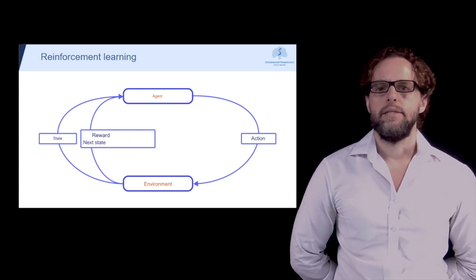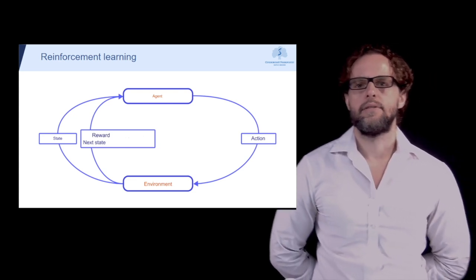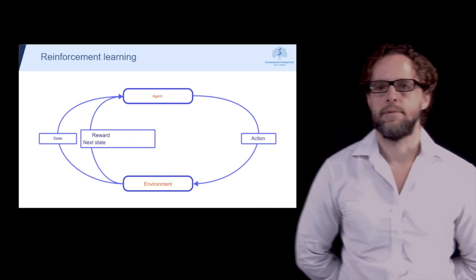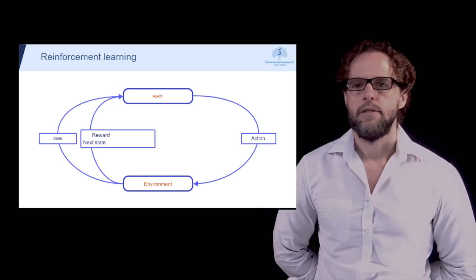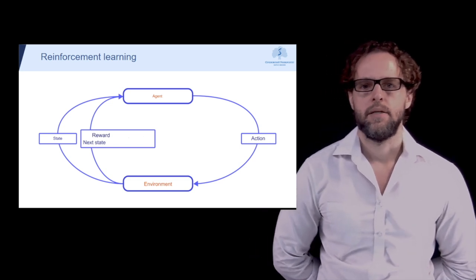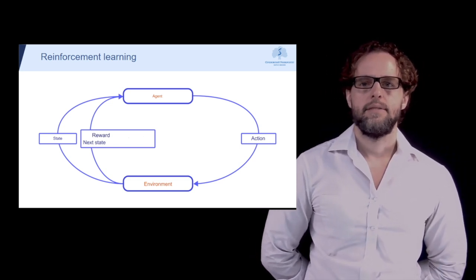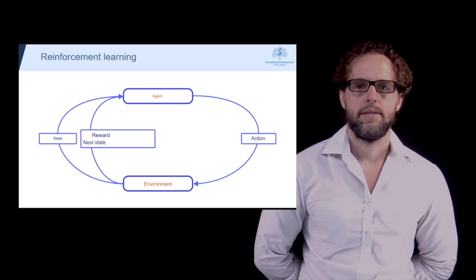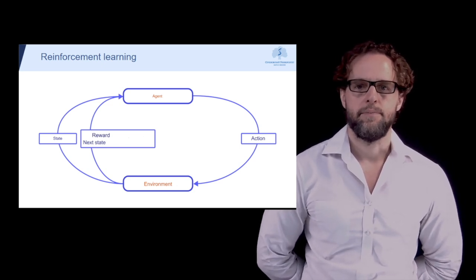As we already covered, there are three main machine learning paradigms: supervised learning, unsupervised learning, and reinforcement learning. All these paradigms are fully reflected in deep learning.